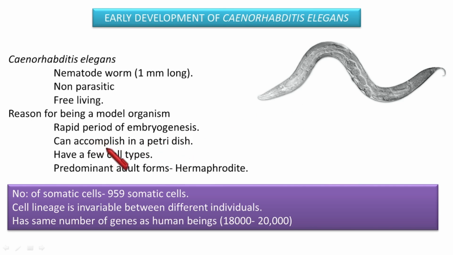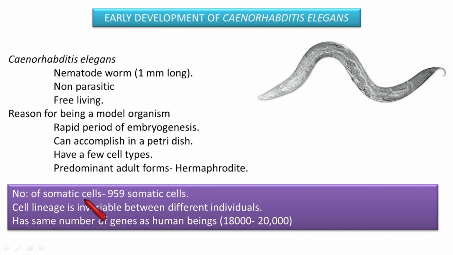That we can also accomplish. And this organism contains only a few different cell types, and the predominant adult forms are hermaphrodites. These are a few reasons why we consider this organism a model organism to study the early developmental process.